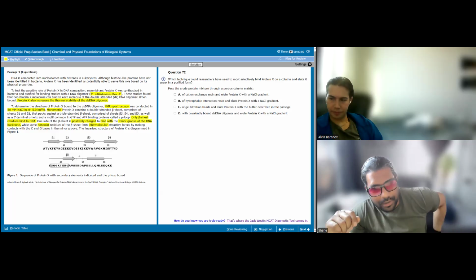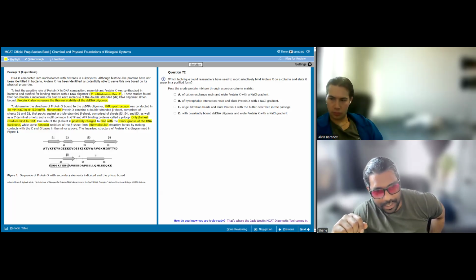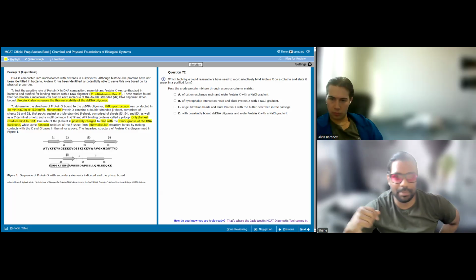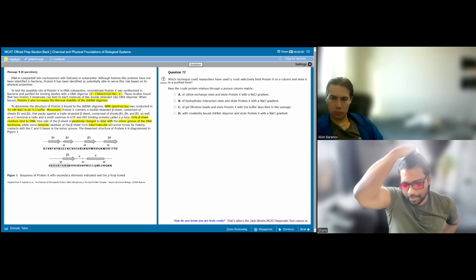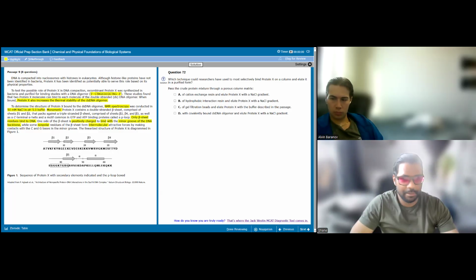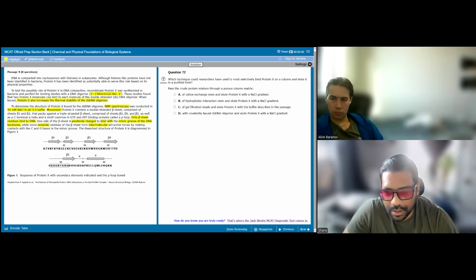So, which technique would most selectively bind protein X on a column and elute it in a purified form, passing the crude protein mixture through a porous column matrix?